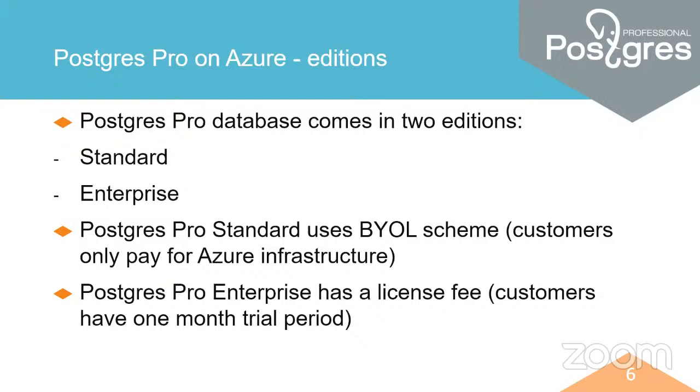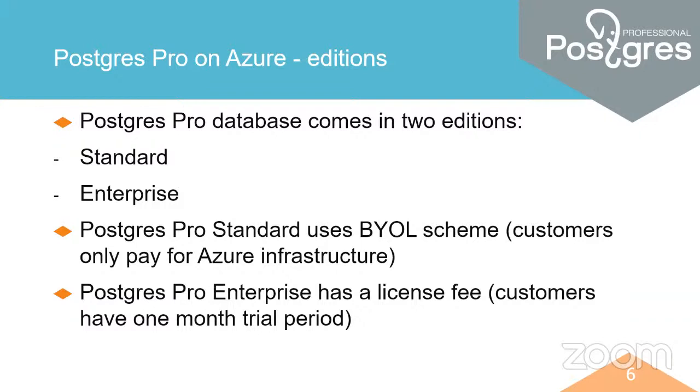So if you are going to use Postgres Pro Standard, you only pay for Azure infrastructure. And if you need advanced features of Postgres Pro Enterprise, you have to pay both for Azure infrastructure as well as for the Postgres license.